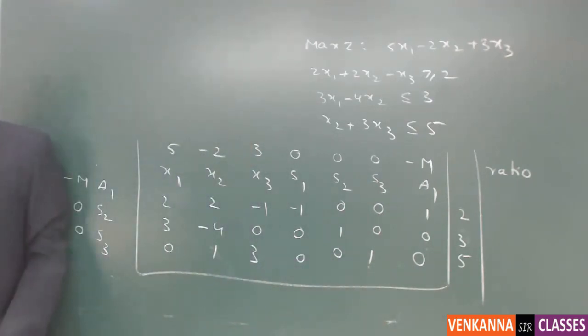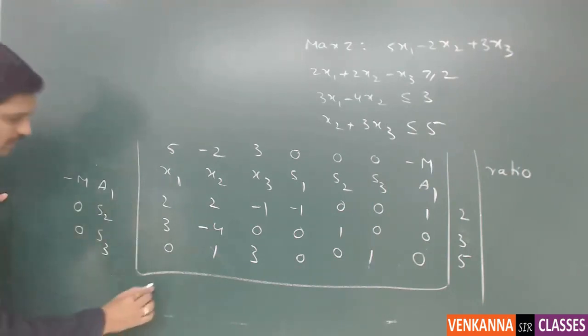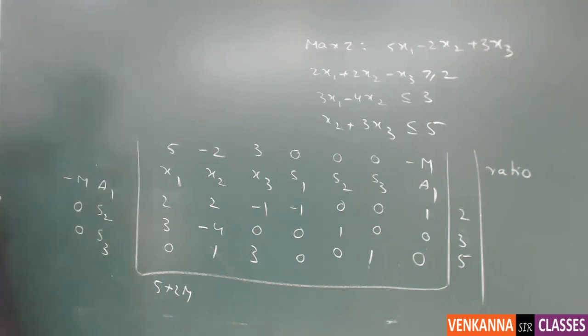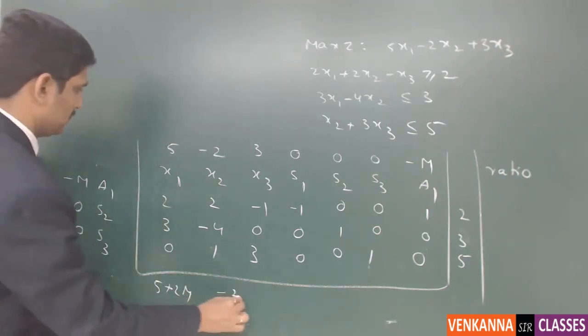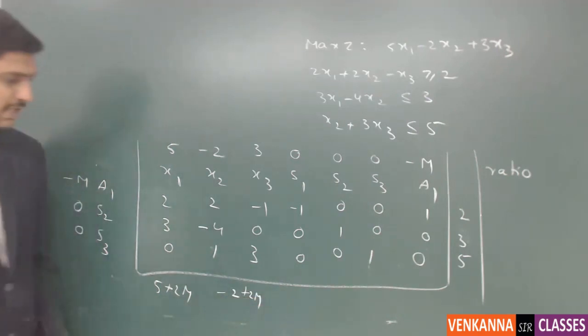So you just tell me which column is to be taken as the key column. If we calculate Cj minus Zj, it will be 5 plus 2M here, and here you will have minus 2 plus 2M. Accepted?